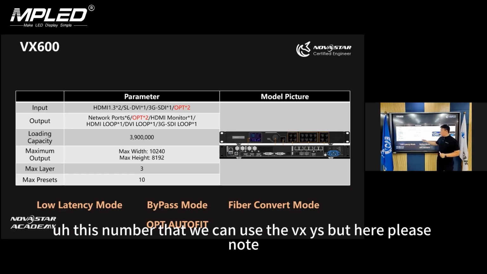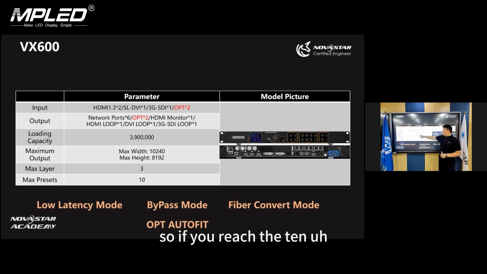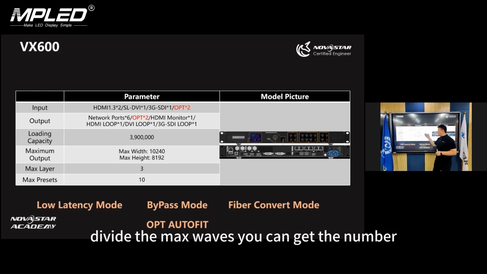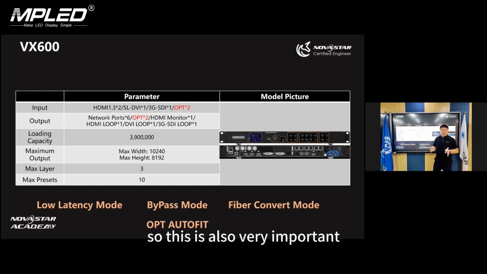But here, please note, the max width and max height are not reached at the same time. So if you reach the 10240, then how many pixels can you load on the height? We need to use the loading capacities divided by the max width. You can get the number of how many pixels we can load in the height. So this is also very important when we design a project.